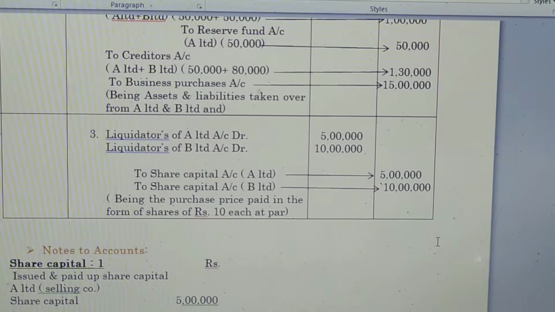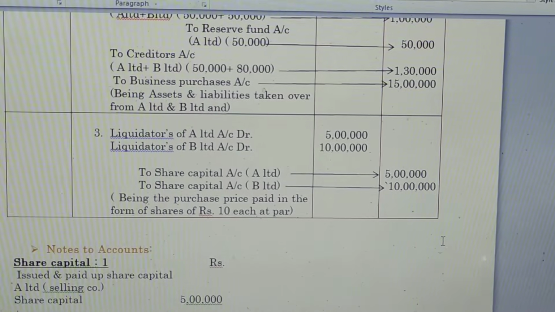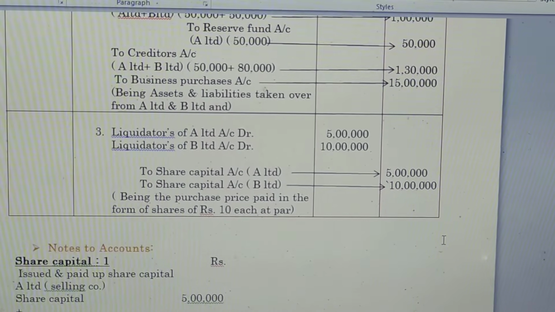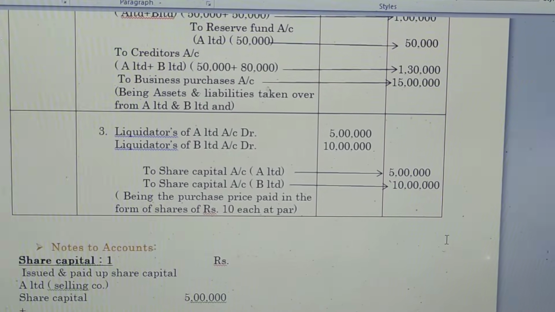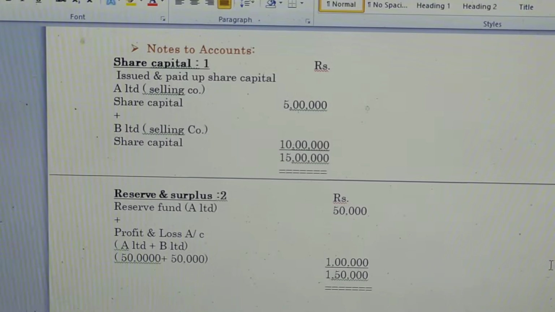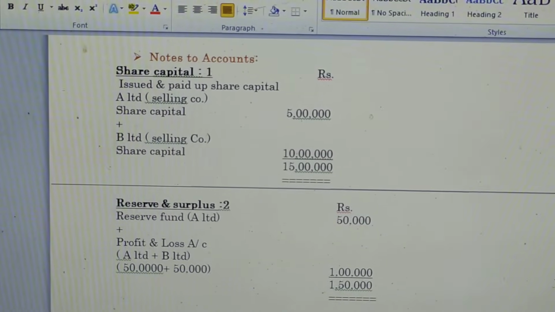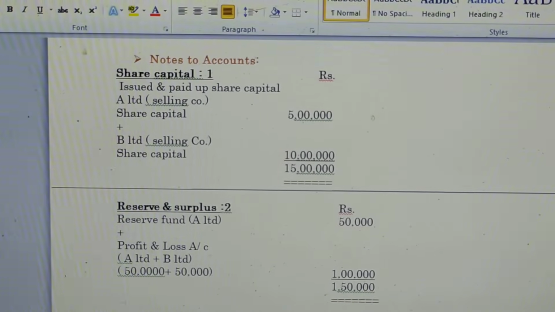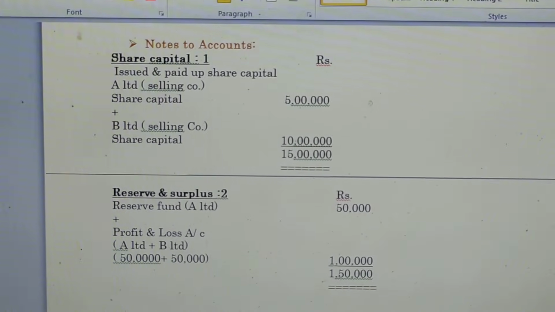So in bracket, being the purchase price paid in the form of shares of rupees 10 each at par for both selling companies. Then we are going to prepare the notes to accounts for preparing the balance sheet of the purchasing company.